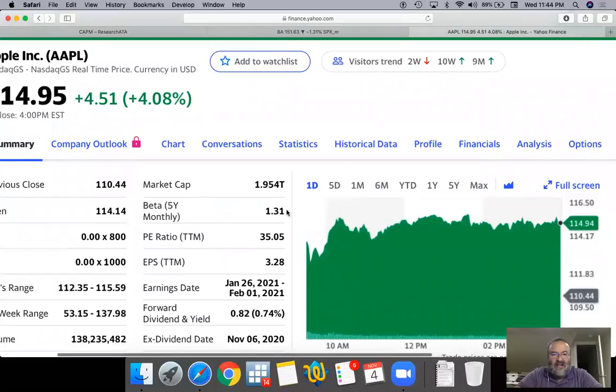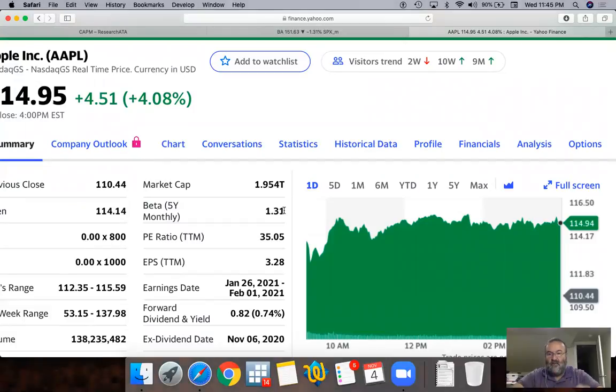Apple has a beta of 1.31, which translates roughly into, as the market moves by 1%, our individual asset, in this case Apple, moves with it 1.31%. So the market moves up by 1%, our stock moves up by 1.31%. But the market goes down by 1% and Apple goes down by 1.31%.